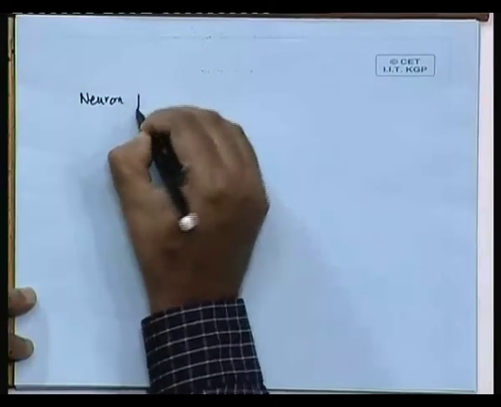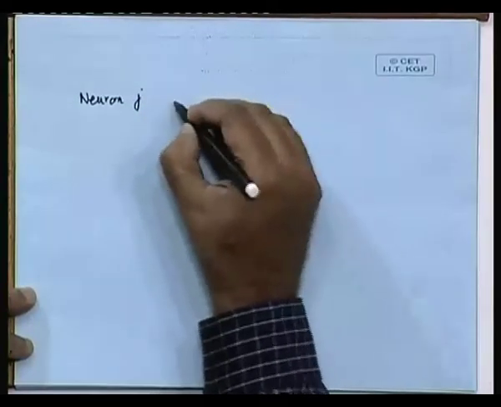So, what we took was the jth neuron. Take any neuron of the system, and let us say that we take the output neuron only. We take any one of the neurons from the output layer, and let's say that we take the neuron j, at the iteration number n.